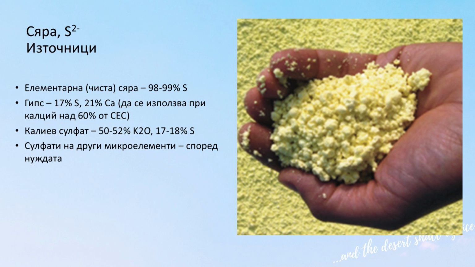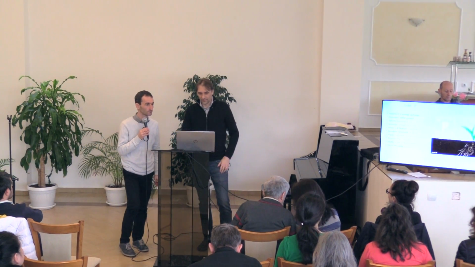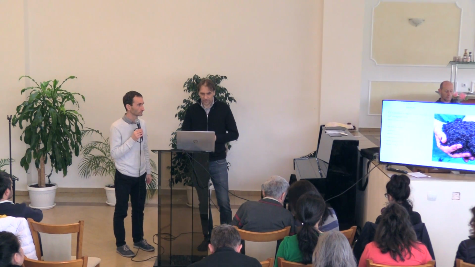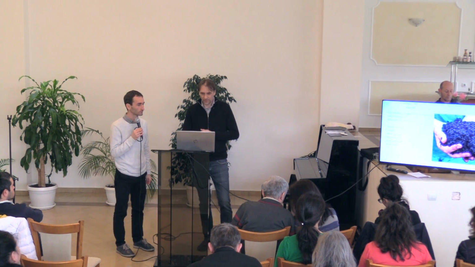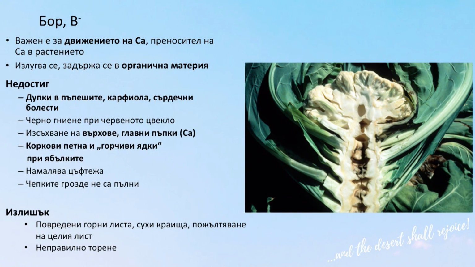Through that presentation, you can go through all the other elements, phosphorus for example, deficiency, sources. Boron is also very important. It also flushes away with the irrigation.